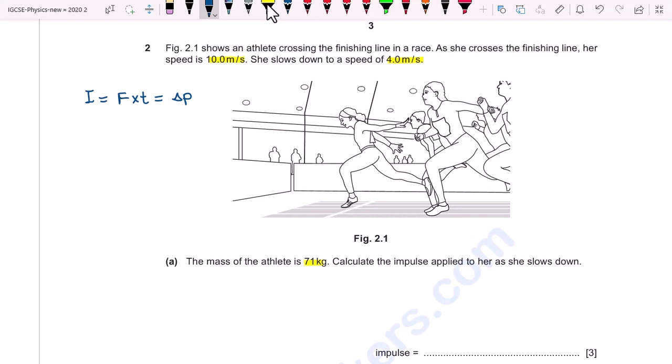So I write I equals delta P, which equals m delta V.